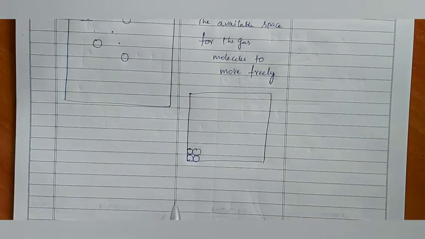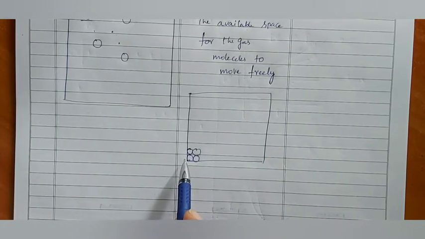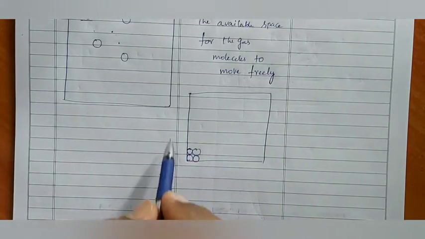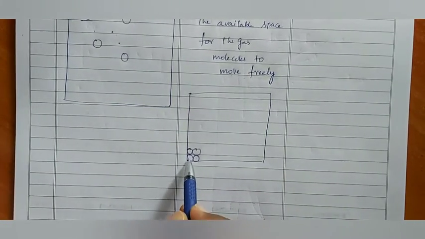For your understanding purpose, actually in a gas, the 4 molecules will not be at one place like this. If I take it, those 4 molecules are uniformly distributed throughout the volume of the container. But for an easy explanation, I consider these 4 molecules in one corner of the container.